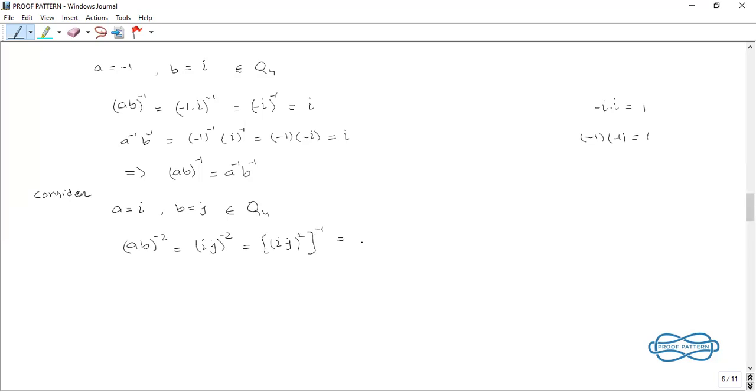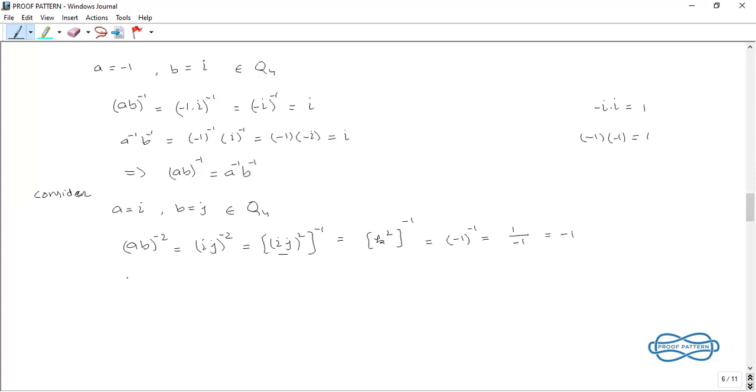And we know that ij is equal to k, so instead of ij we have written k square. And we know that k square is minus 1, and minus 1 to the power minus 1 is equal to 1 over minus 1, which is equal to minus 1.